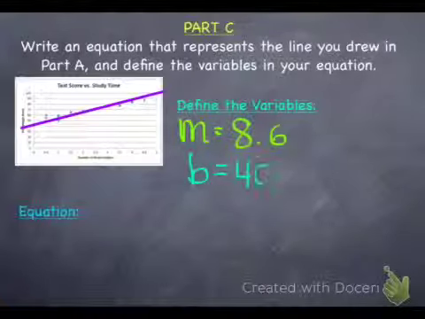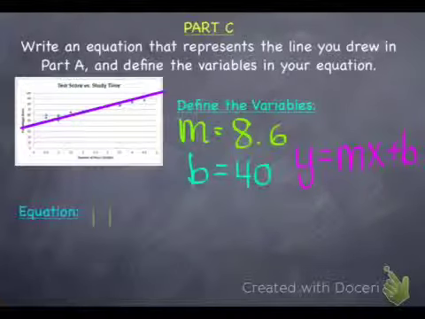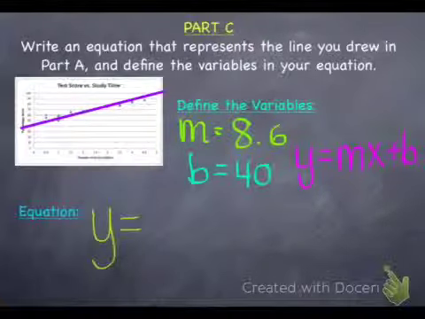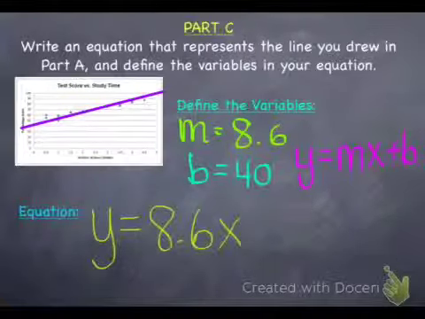So I'm just estimating, but it doesn't have to be perfect. So now we can use our slope-intercept y equals mx plus b, and we can substitute in our m and our b. So our estimated equation for this line could be y equals 8.6x plus 40.